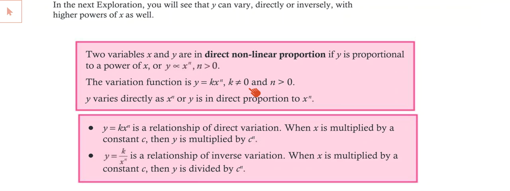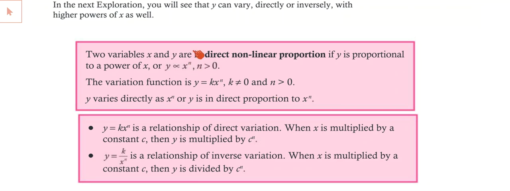If k is 3, 1 times 3 gives you 3, 2 times 3 gives you 6. If k is 0, 1 times 0 gives 0, 2 times 0 gives 0, everything is always 0, which is not a direct proportion. So that's why k has to be greater than 0.